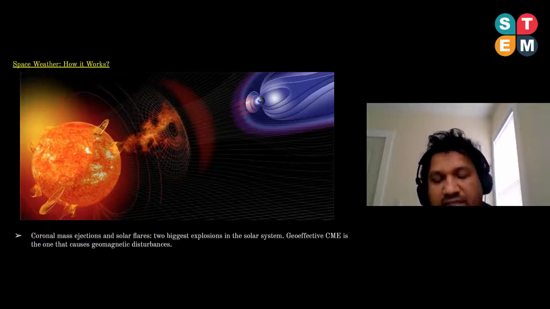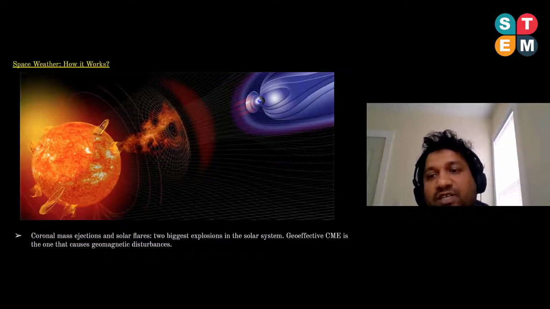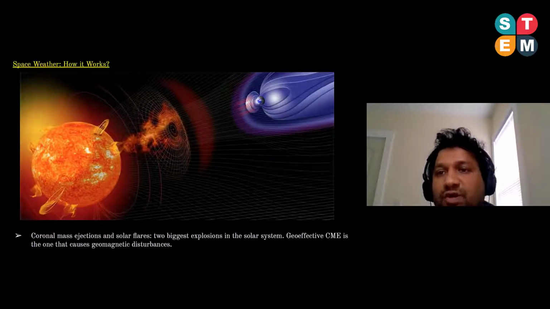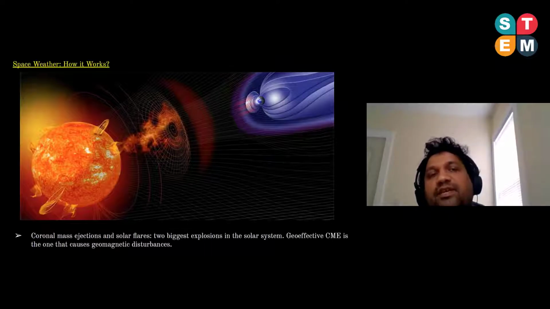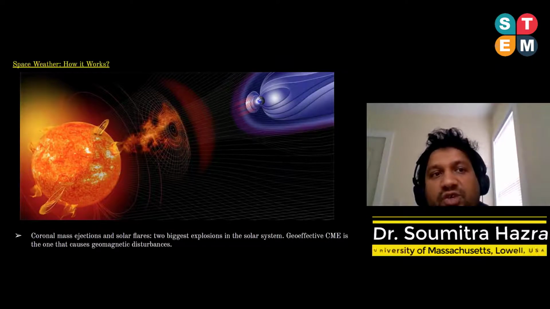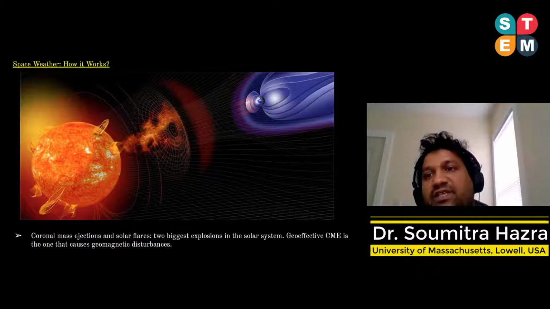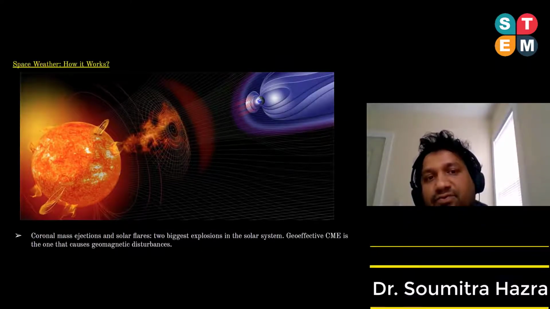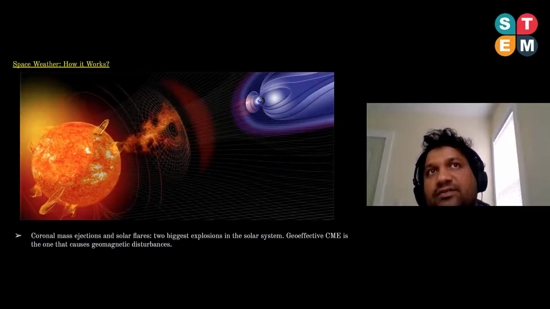Because of these disturbances, many of our satellites and power grids can be destroyed, specifically in the polar region. So it is important to predict space weather early so that we can protect our instruments.